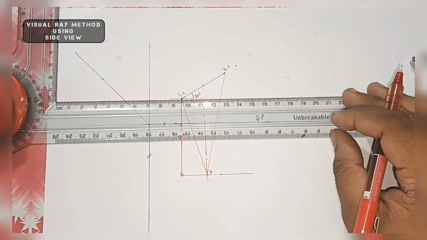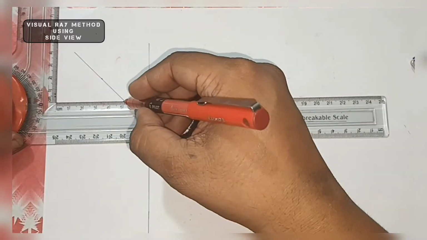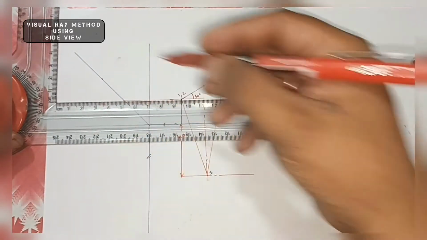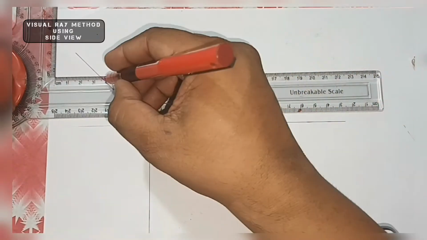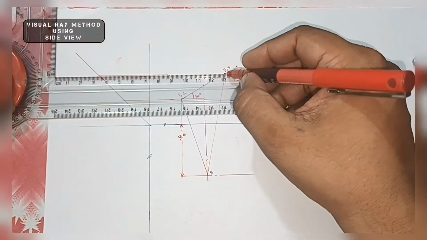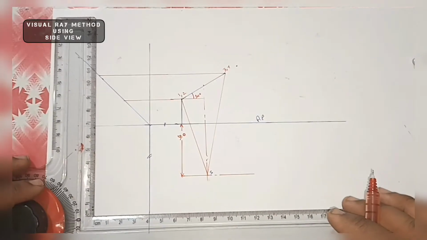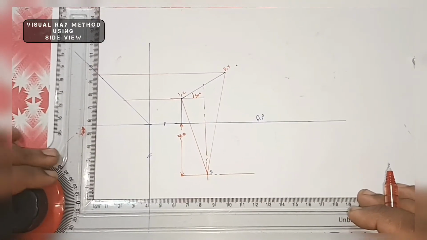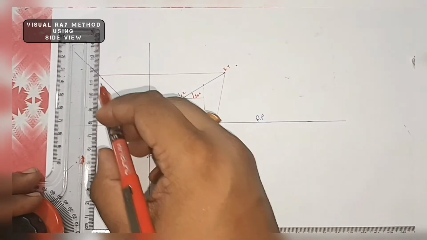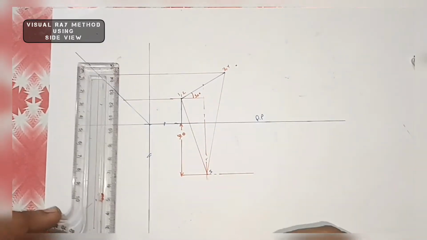Then we can find out the side view. I am projecting these points 1, 2, and 3, 4, like this, downward. Your line must be straight, like this.